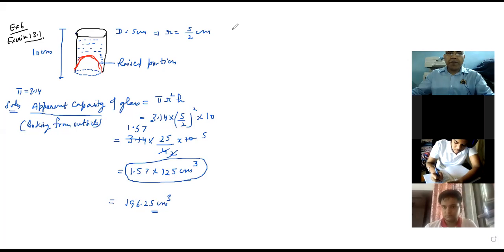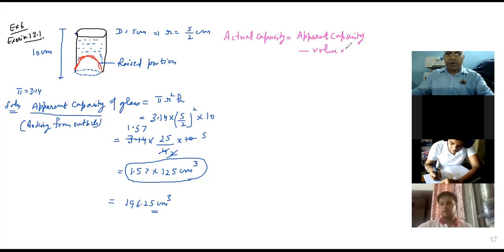Now, actual capacity of the glass, I'm going to change the color of my pen. Actual capacity is equal to apparent capacity minus volume of raised portion.